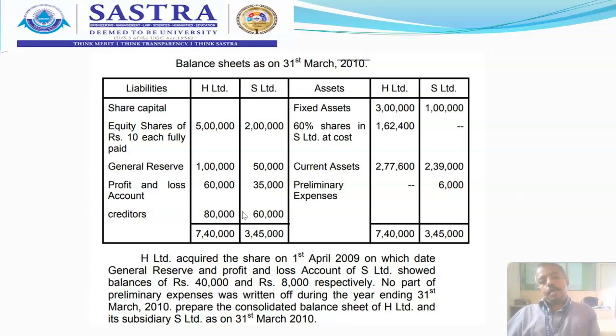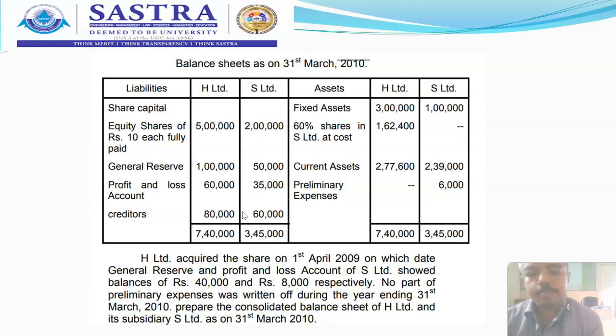And then of 35,000, the 40 percentage value, that is profit and loss account accumulated profit, is 14,000. If you add all these things, you will get 1,14,000. Did you get 1,14,000? Yes. 80,000 plus general reserve towards the outsiders, 20,000. Profit and loss account belongs to outsiders, rupees 14,000. So altogether it comes around 1,14,000.